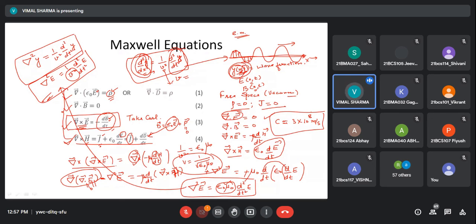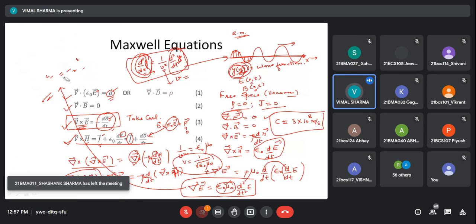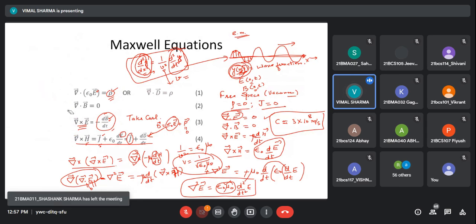Similarly, this is one component of electromagnetic wave, and that is E component. Electric field component varies in electromagnetic wave, because this is how we see electromagnetic wave. It is having both the fields, electric and magnetic. Both are varying with space as well as time.